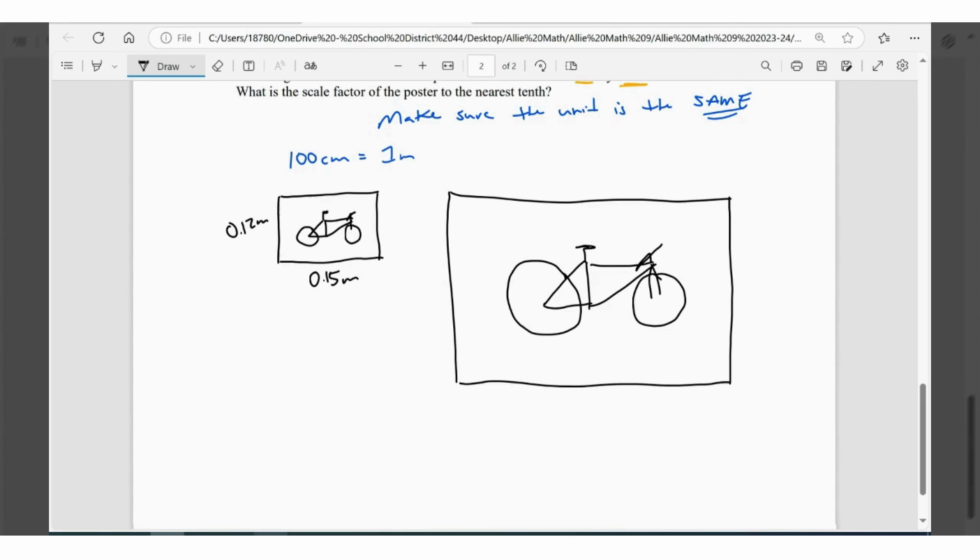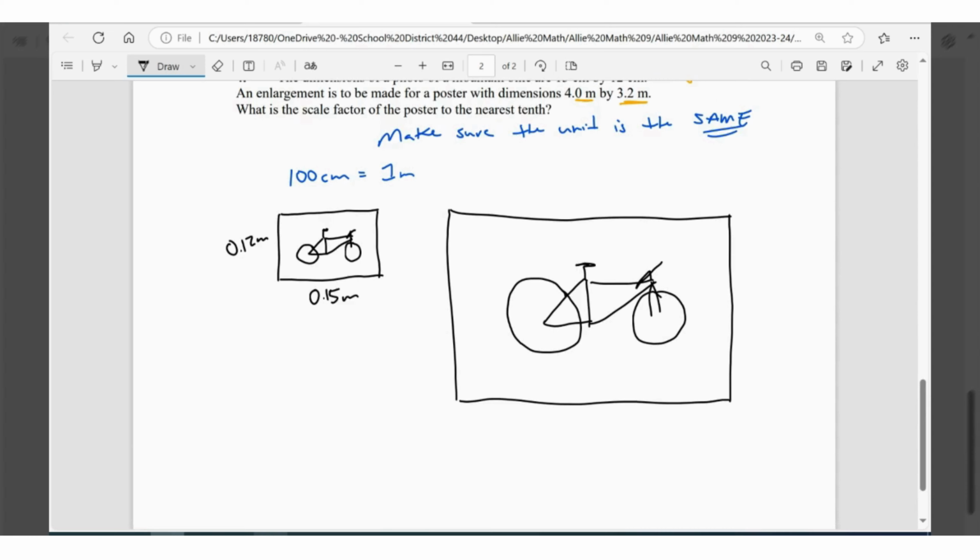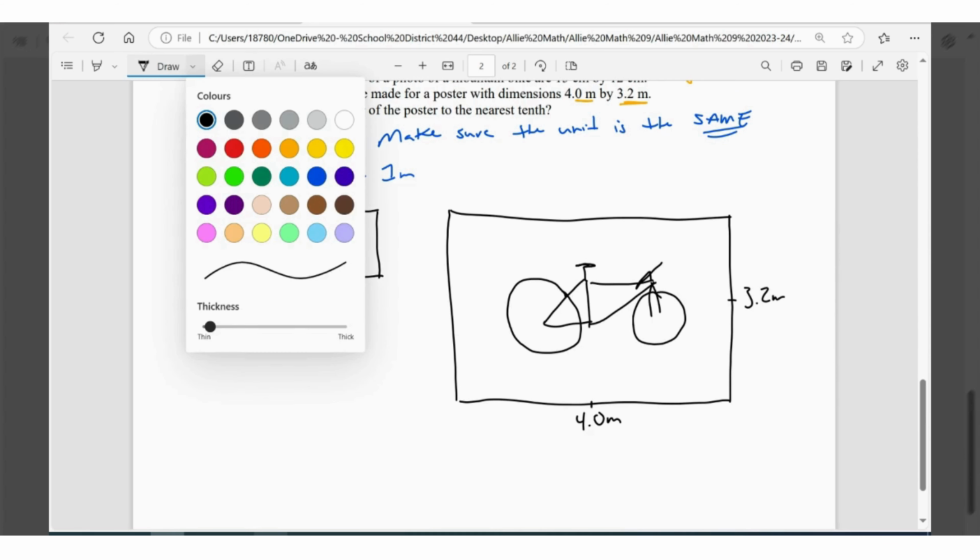Incredible. Wow. And down here we've got 4 meters, 4.0 meters, and 3.2 meters at the side. And now we want to know, what is the scale factor to the nearest tenth?